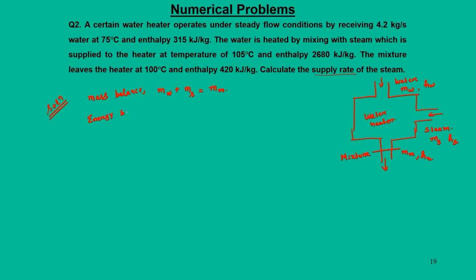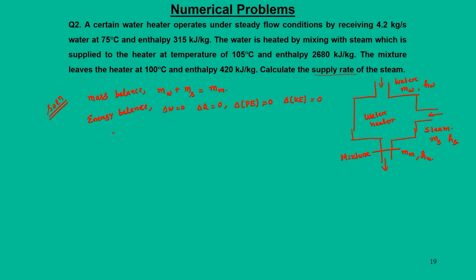By neglecting all other terms and only retaining the enthalpy terms, we take delta W to be 0, delta Q to be 0, change in potential energy 0, and change in kinetic energy 0.